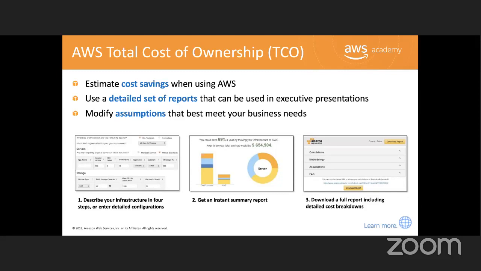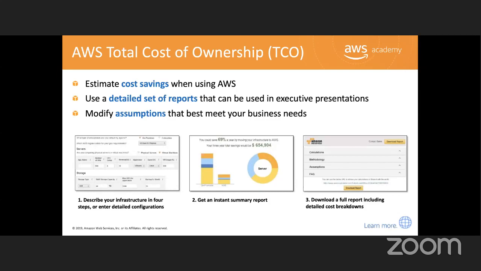So use a detailed set of reports that can be used in executive presentations, modify assumptions that best meet your business needs. So here you get a description of your infrastructure in 4 steps, right? Or enter detailed configurations. You get an instant summary report, and then you'll download the report, including detailed cost breakdowns, right?